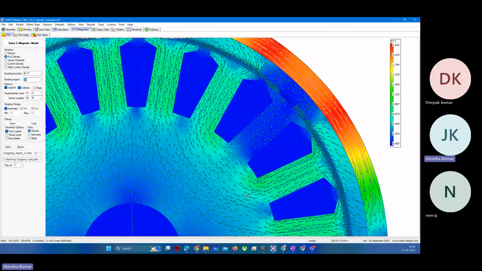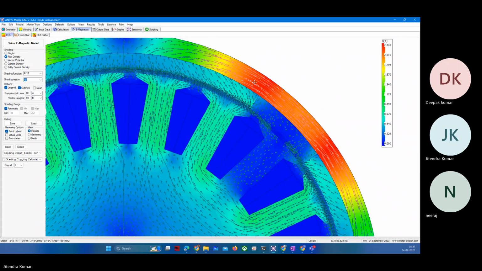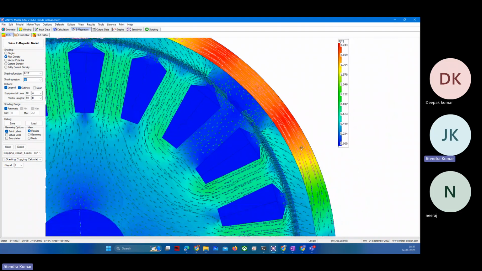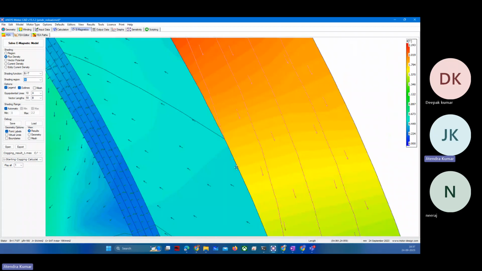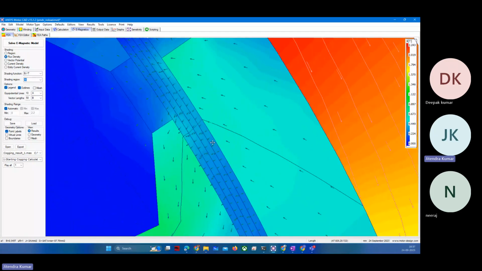Sorry, coming back to the armature or rotor. They will again try to link to the north pole. So it will come out of the north pole, go all the way through the rotor core, and come back again through the south pole and air gap. So in the air gap, the density of flux will look like something.